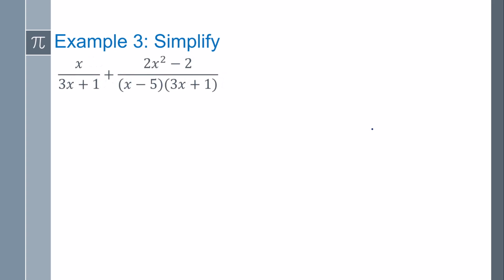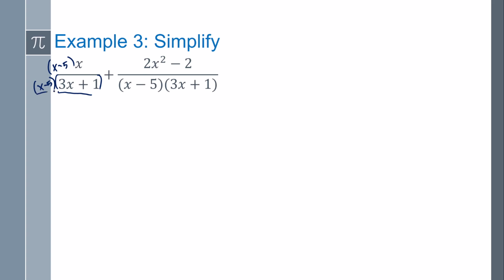Now in this next example, if you notice, the denominators are not the same. They both have a factor of 3x plus 1, but each is missing the other's factor, including x minus 5. So I need to multiply the top and the bottom by x minus 5. Now they both have those same factors.